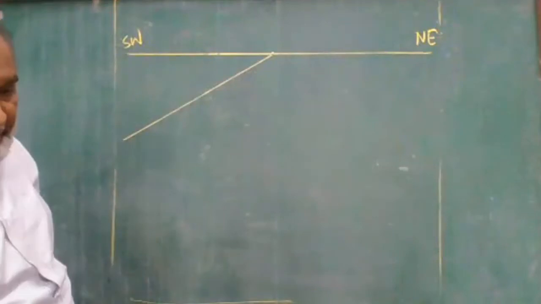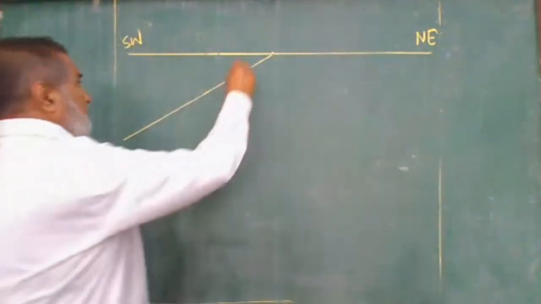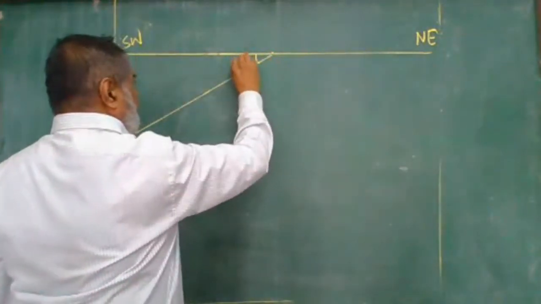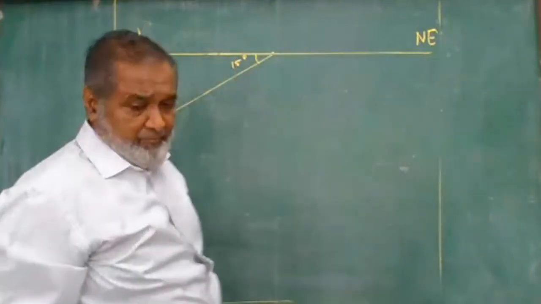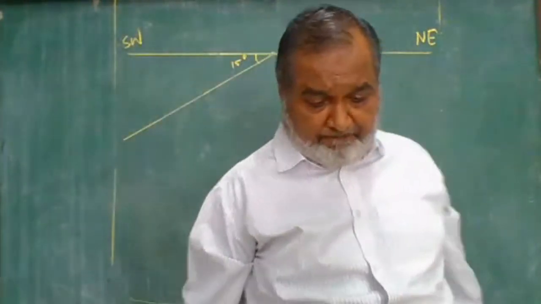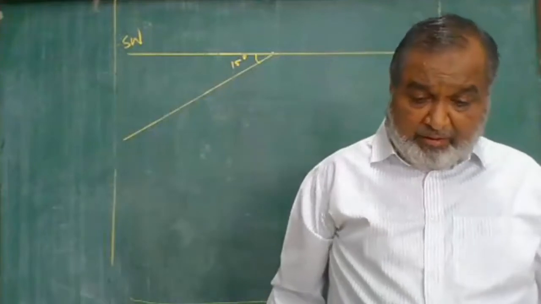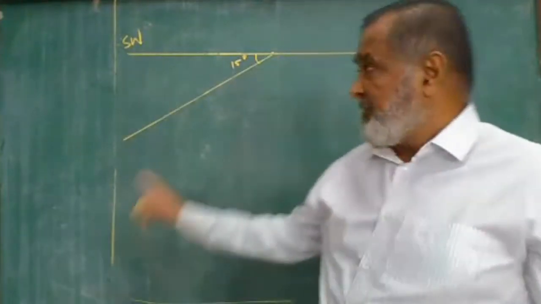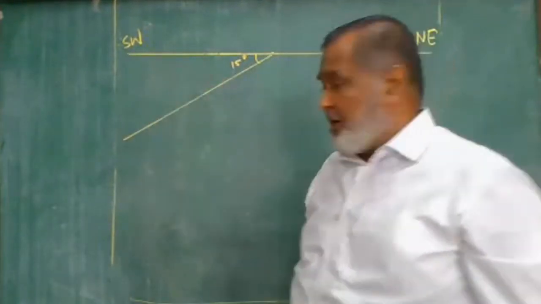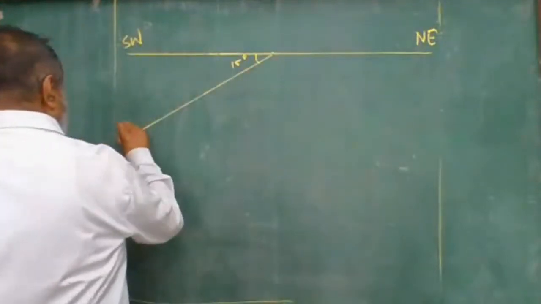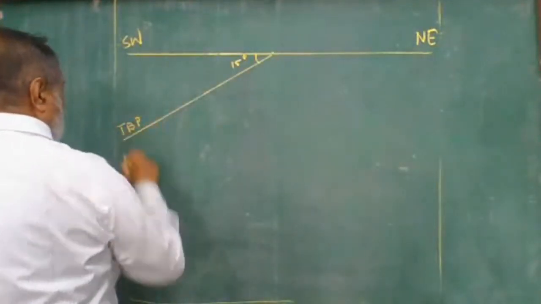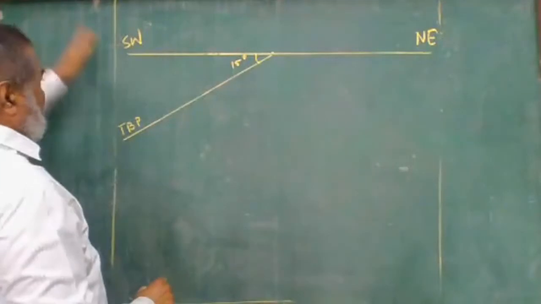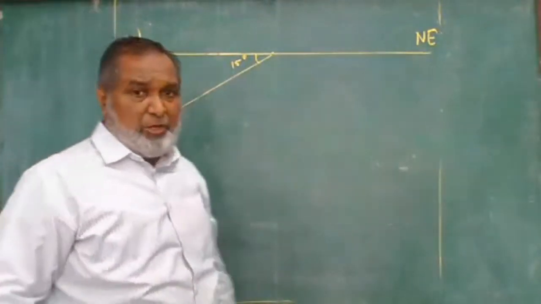This is the 15 degrees. The conglomerate dipping 15 degrees towards southwest is the top bedding plane. If you take the problem here, it goes out of the page, so the rest you have to take on the lower side.